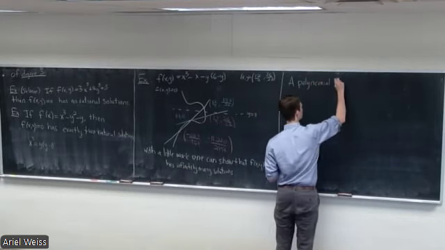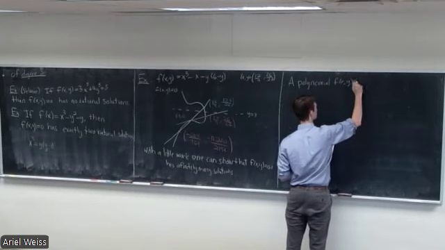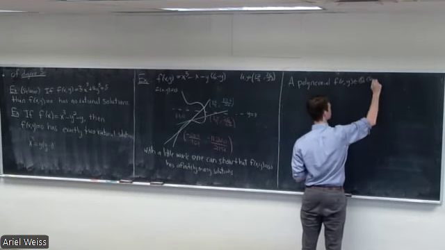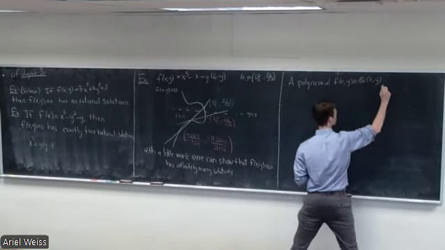A polynomial in 2 variables defines a plane curve.